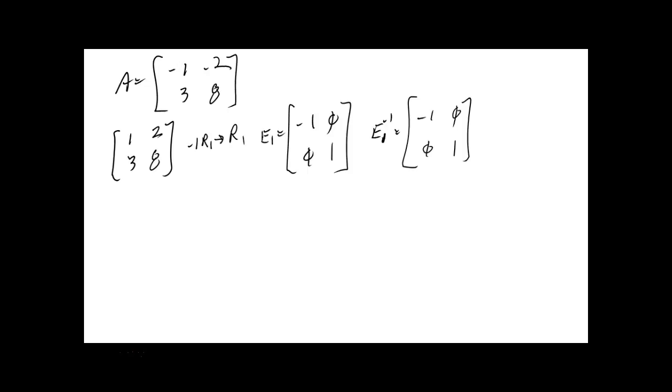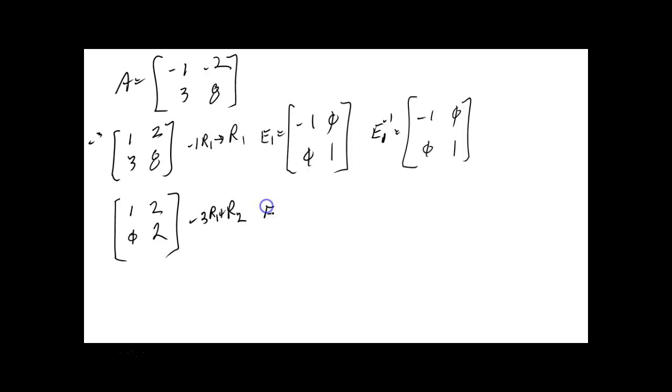Now, what's the next thing you would do here? Okay, let's do the row reduction. 1, 2, yeah, -3. I'm going to write it over here. -3 times row 1 plus row 2. What would that give you? 0, 2.